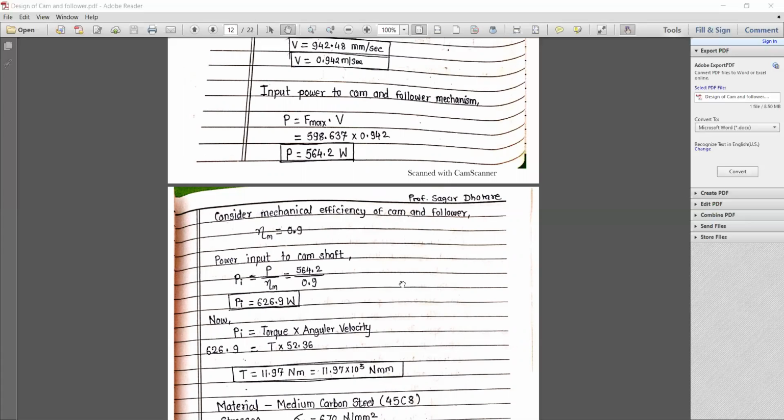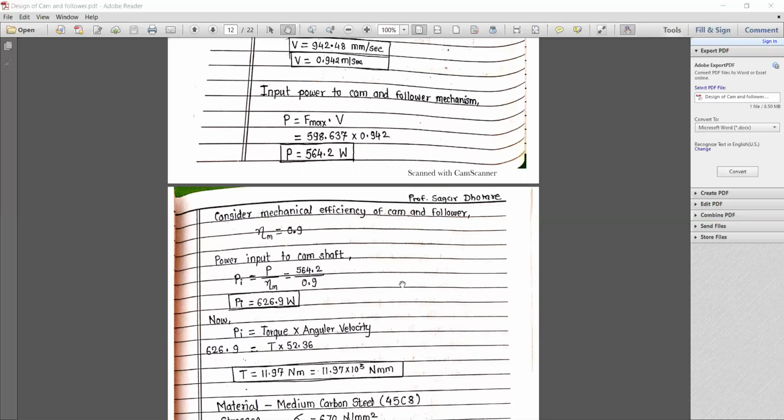Considering the mechanical efficiency of the cam and follower as 90%, the input power to the cam, P input, is equal to the power required to drive the cam divided by the total efficiency.